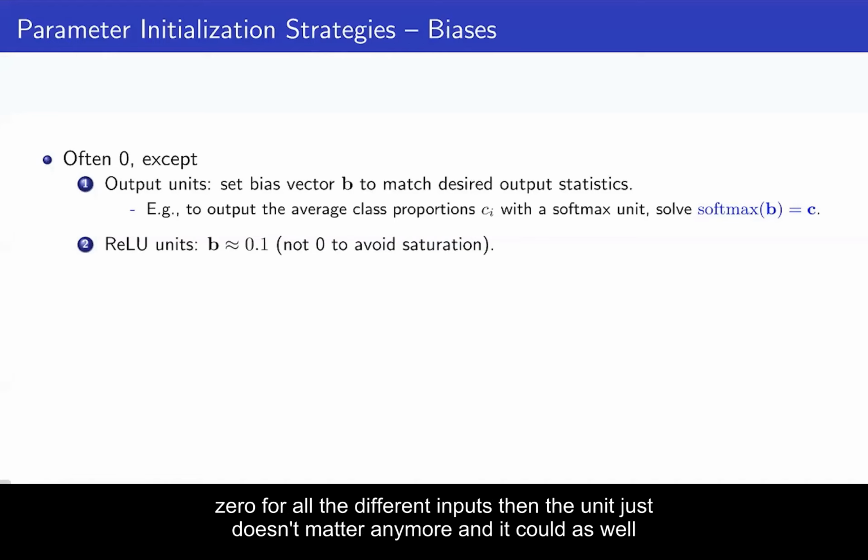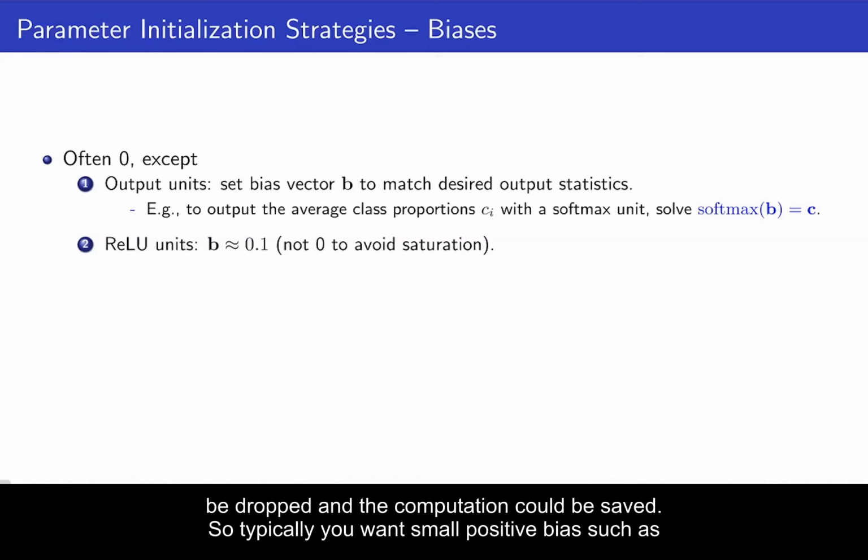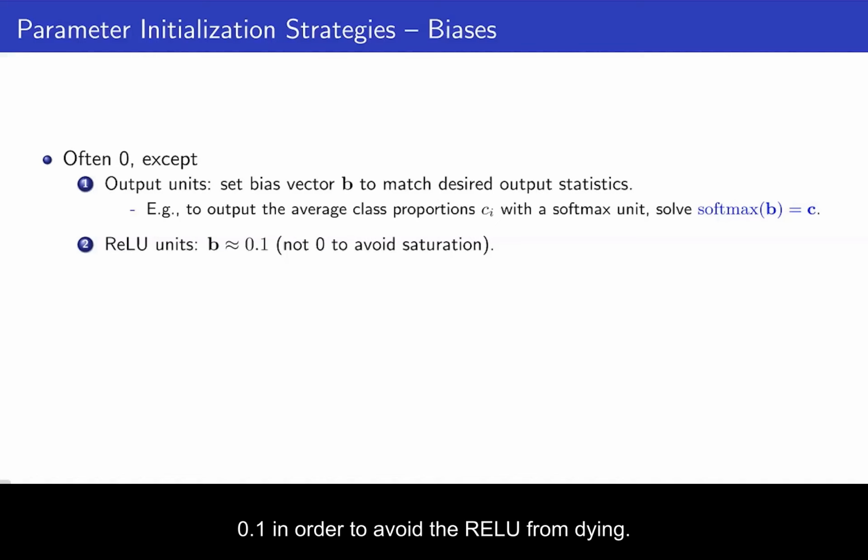If the activations are 0 for all the different inputs, then the unit just doesn't matter anymore, and it could as well be dropped and the computation could be saved. So typically you want a small positive bias such as 0.1 in order to avoid the ReLU from dying.